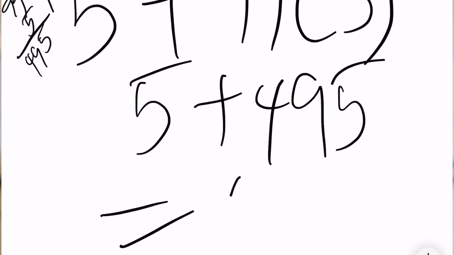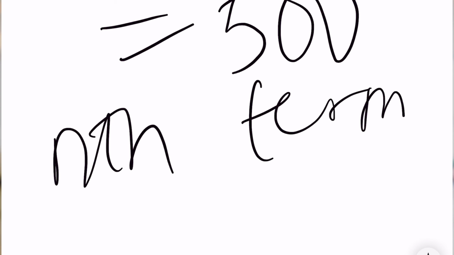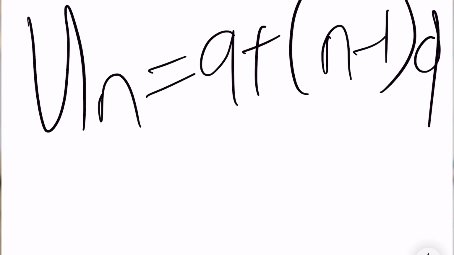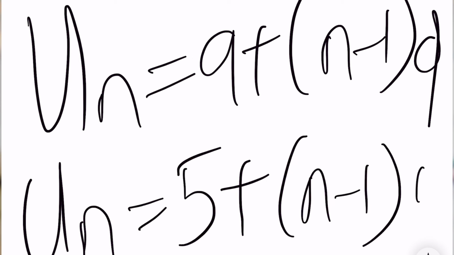We have our 100th term to be 500. Now for the nth term, because we said previously that our nth term is a plus n minus 1 d. So our a is 5, our d is 5. So we have our un to be 5 plus n minus 1, 5.